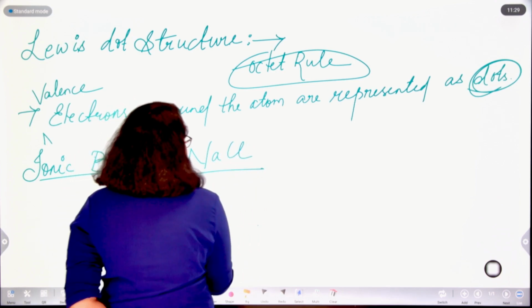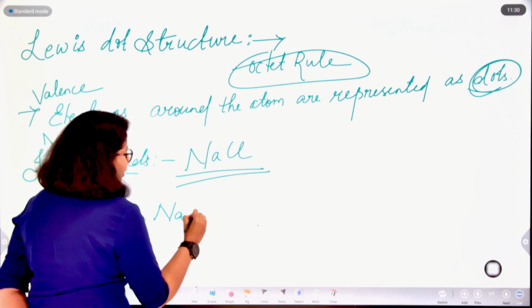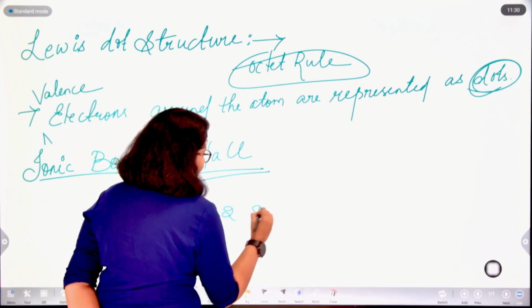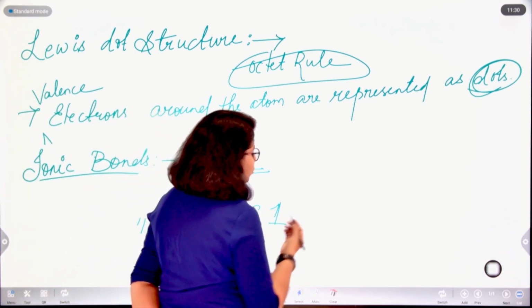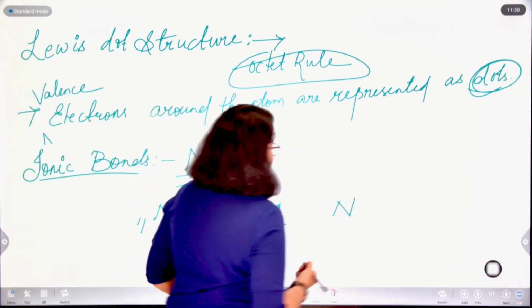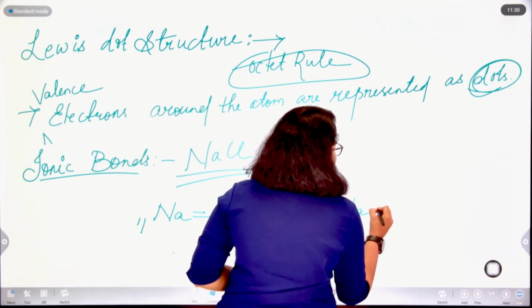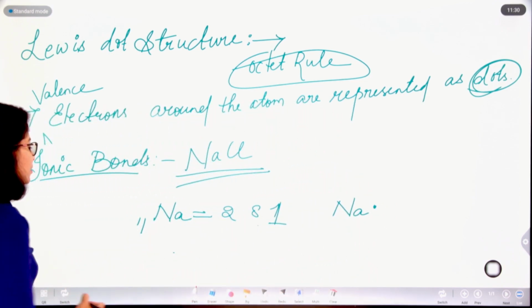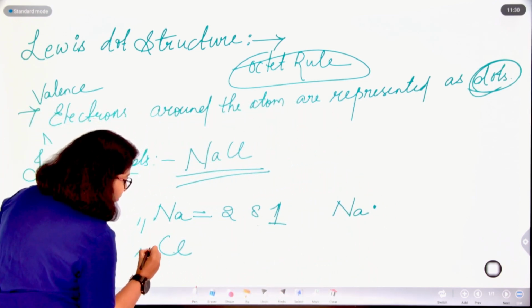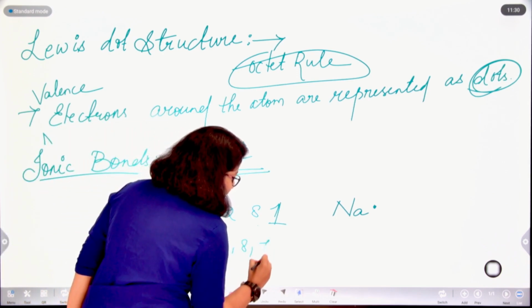If I write the electronic configuration for sodium, atomic number 11, it is 2, 8, 1. How will I represent this sodium according to Lewis? Only its valence electrons are represented. So symbol Na, 1 valence electron, so 1 dot. Next is chlorine, atomic number 17, electronic configuration 2, 8, 7.